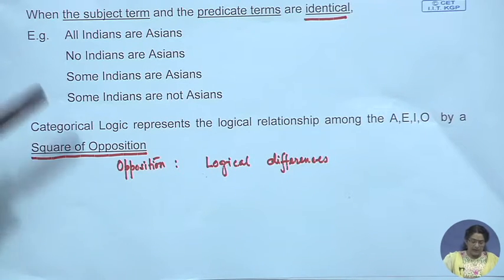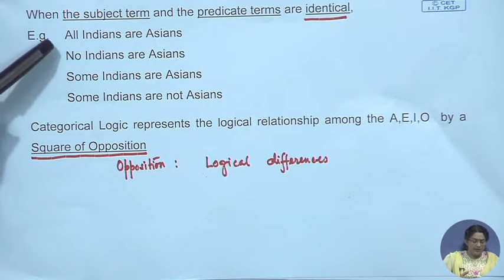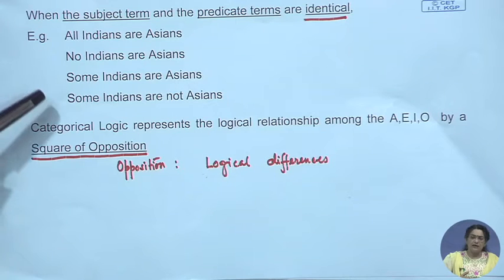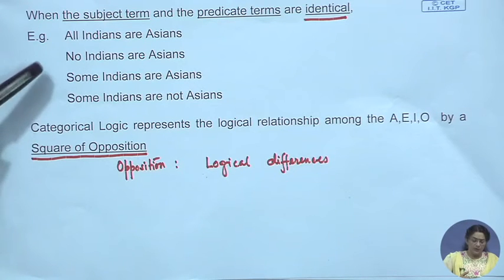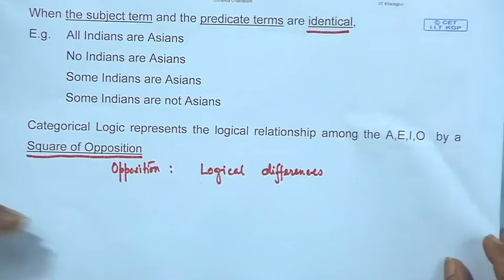So what it allows us to see is the logical differences among these propositions when they have the same subject term and predicate term. Let us take a look at this square of opposition. I told you that this is a traditional component in Aristotle's logic, so we have preserved it as is from Aristotle's times.